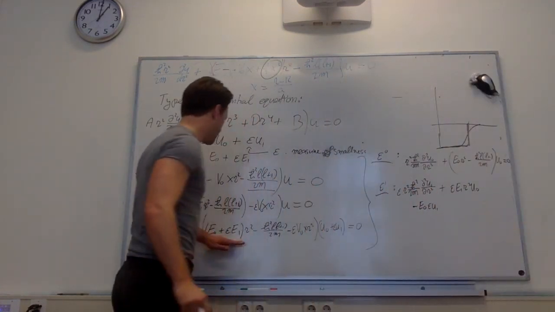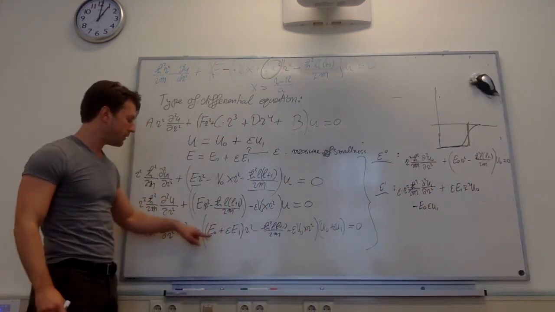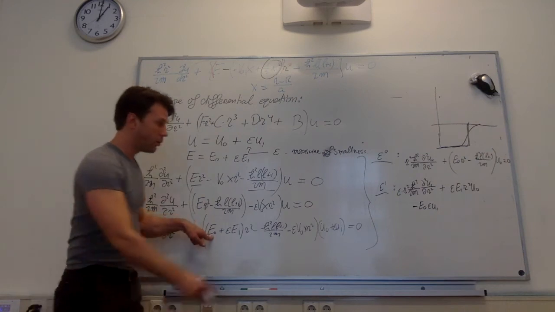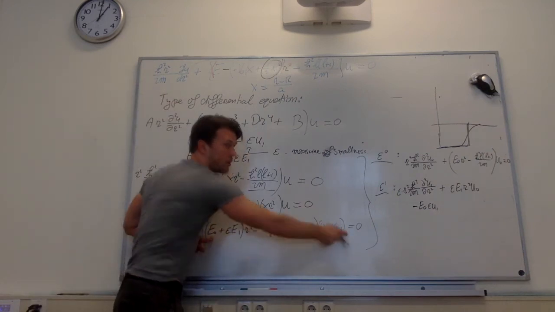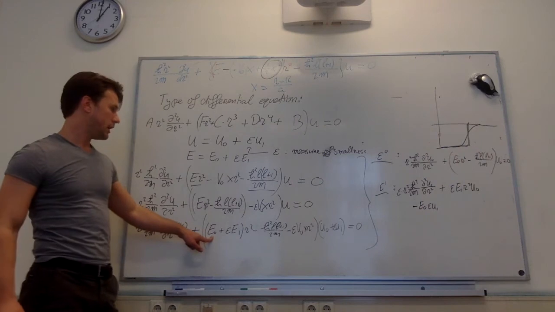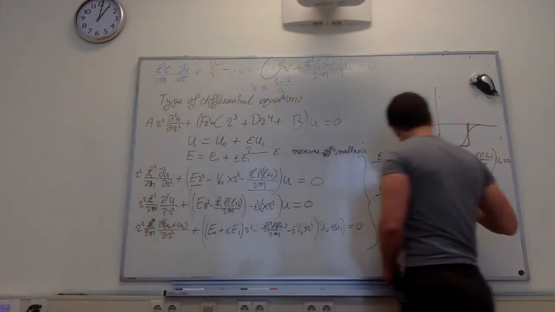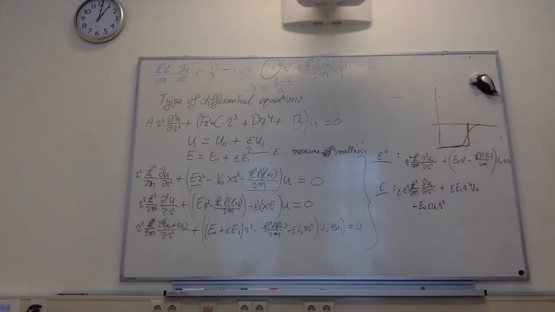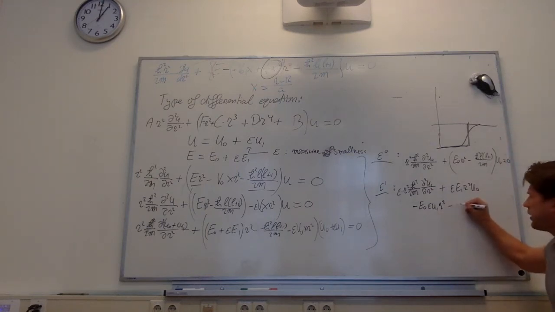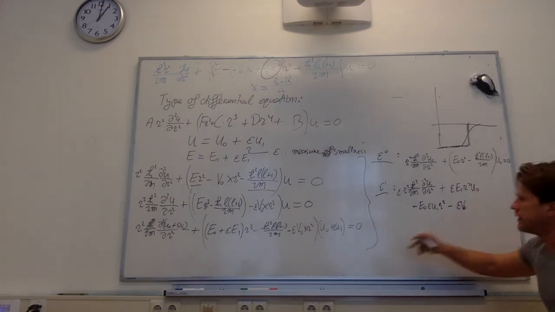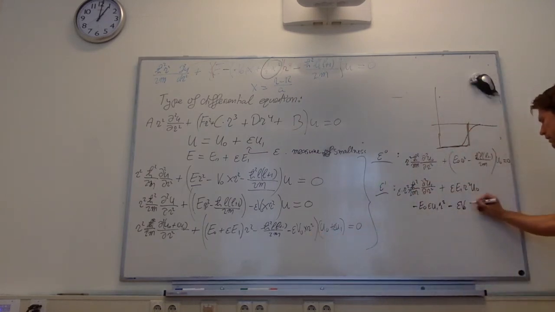Another piece that has one epsilon in there is if you multiply this one with this part. There should be an r squared. Yes, thank you. R squared. And minus epsilon V, that's another epsilon V, U0, this one, times r squared, times u0. All right.